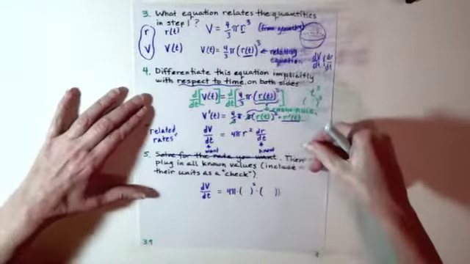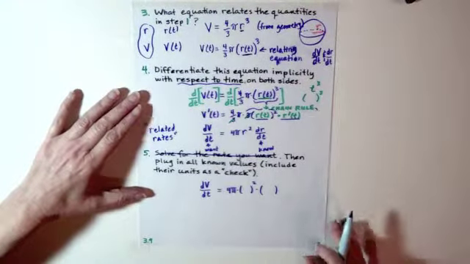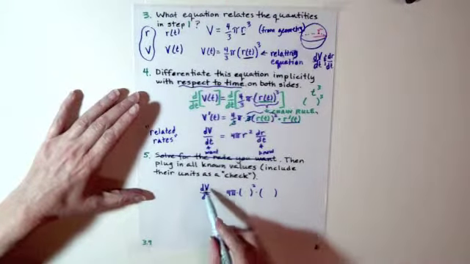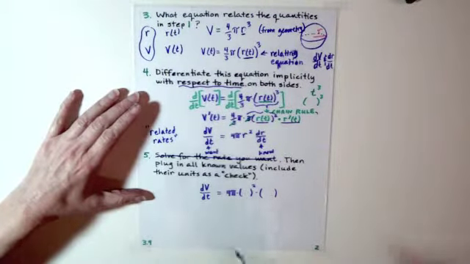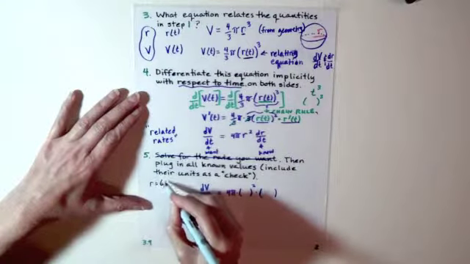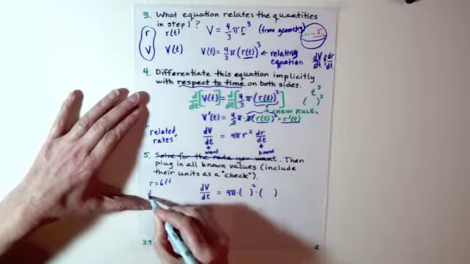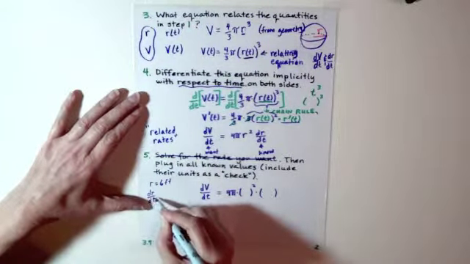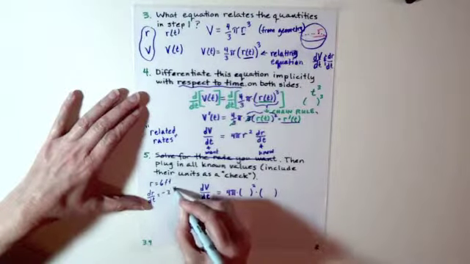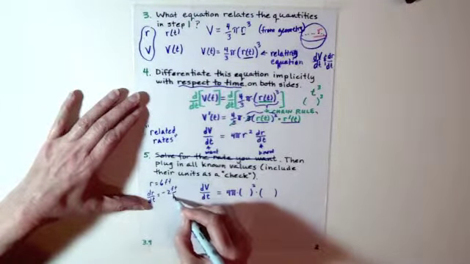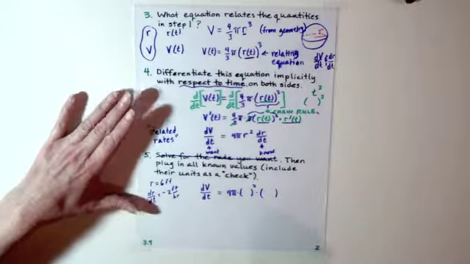R is changing over the course of our balloon springing this leak. But now at the end, we want to know what's dV/dt at the moment when r is equal to 6 feet. And remember from the last page, we knew this rate, dr/dt, was -2 feet per hour. So let me plug those things in.